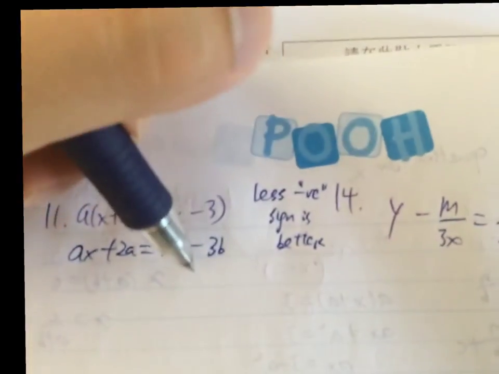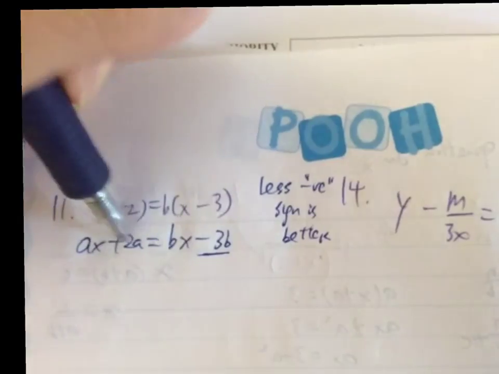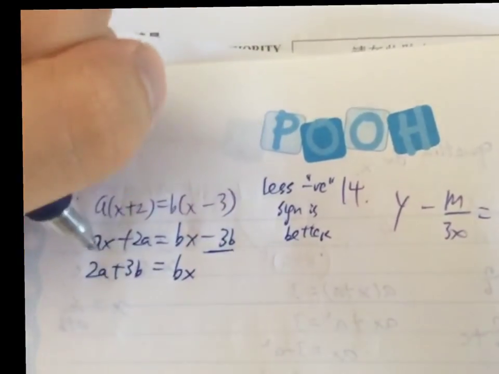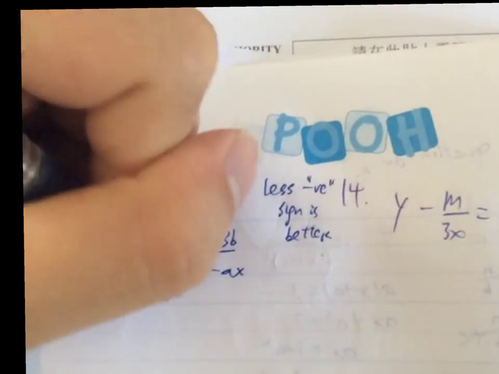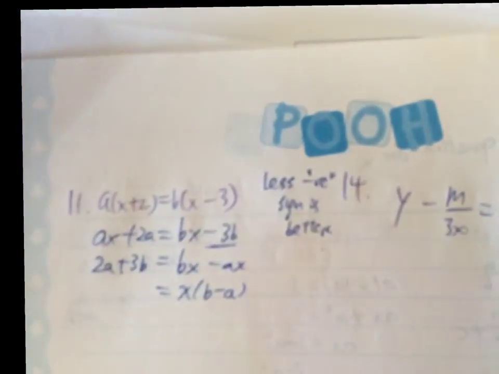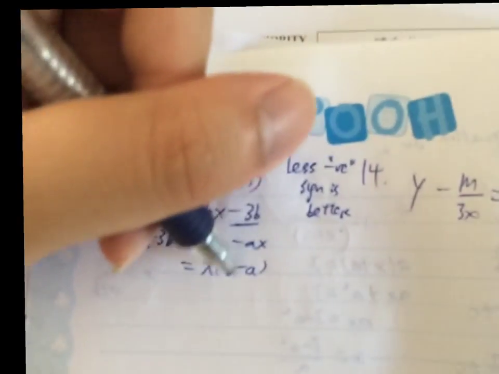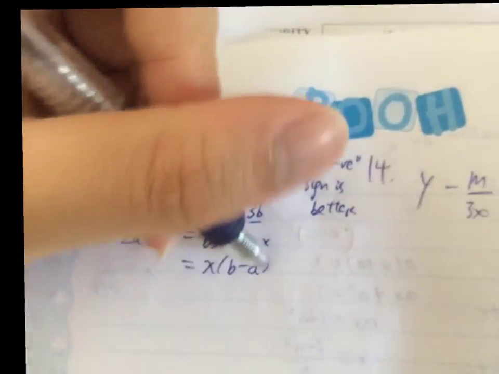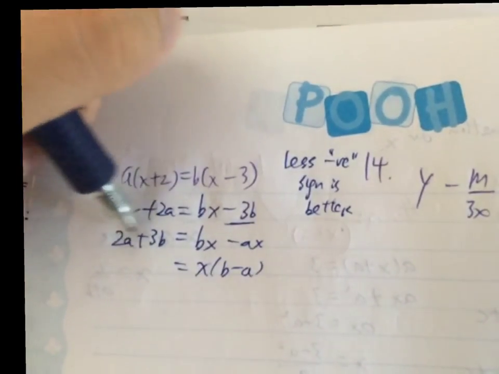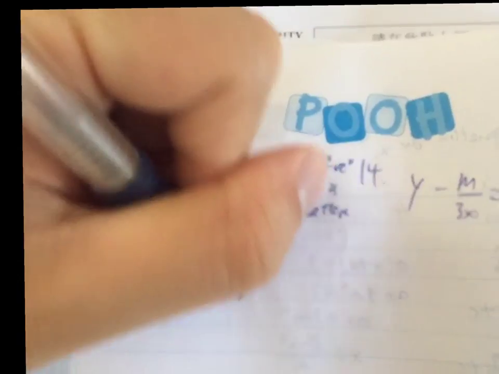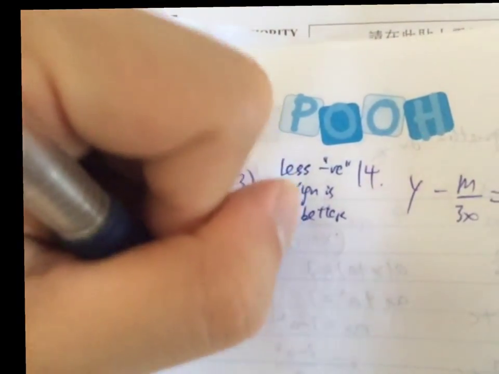So you should move this negative 3b to the left hand side, so it becomes 2a plus 3b, and right hand side bx minus ax. And you can factorize the x out, then bracket b minus a, and you can divide the whole bracket to the left hand side, 2a plus 3b over b minus a.